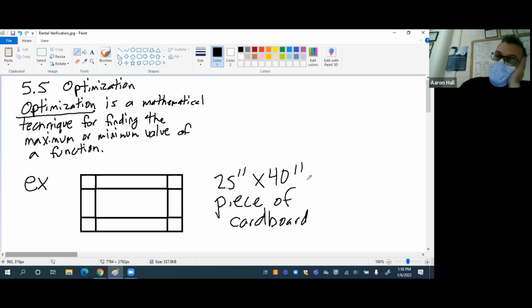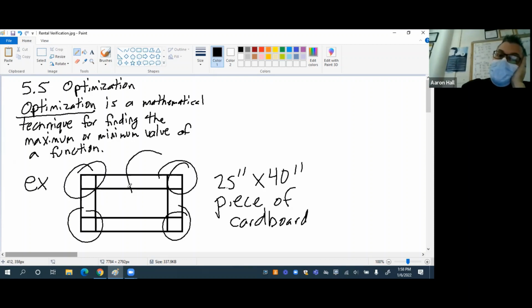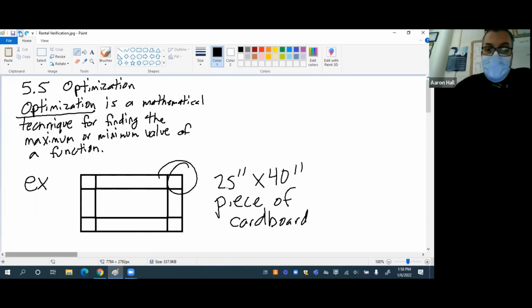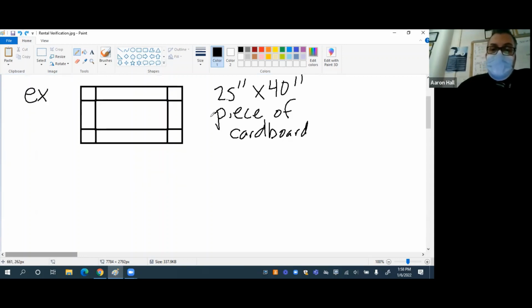Now, what I want to do is cut off the corners of this cardboard. And if you can imagine, after I cut off those pieces, I'm going to rotate these side lengths upward to create a box. It's going to be a box without a lid, but that is okay. So my goal is to fold this up.